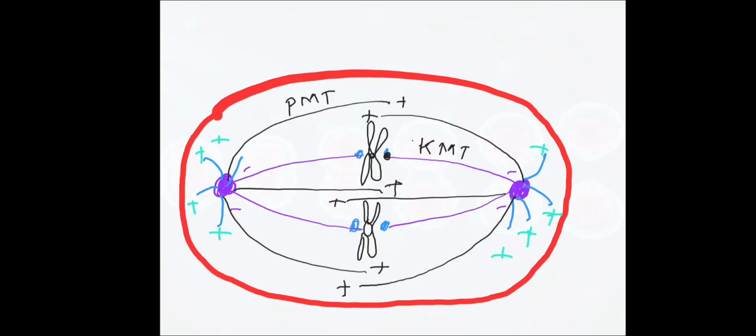It extends or radiates outward from the centrosome towards the cortex. As I mentioned here, the plus end radiating outward from the pole, from the centrosome, towards the cortex, this type of MT is known as AMT, astral microtubule.